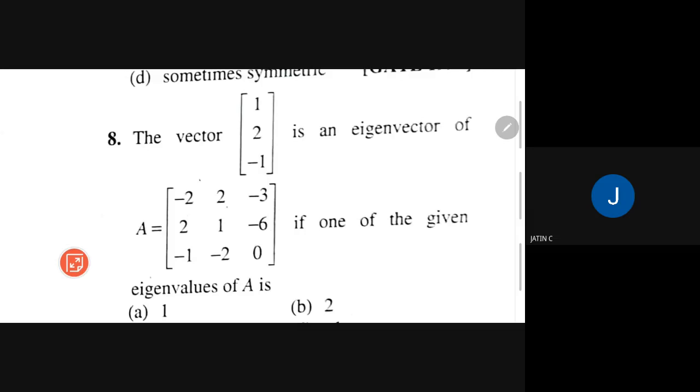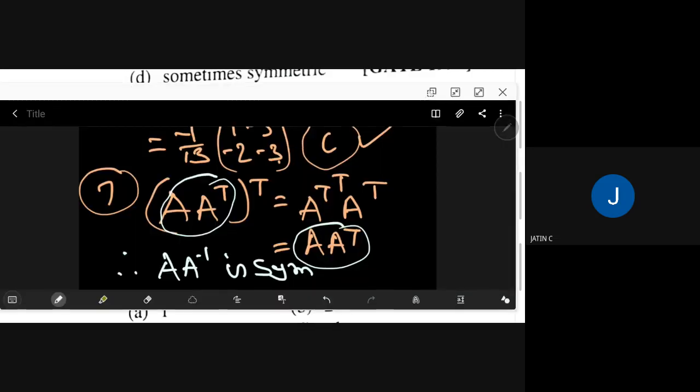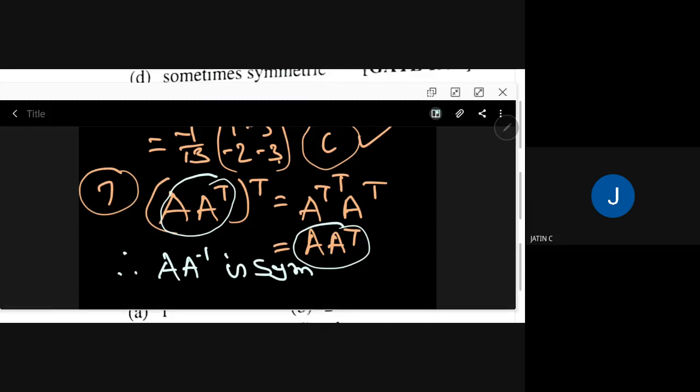Just you multiply that matrix by 1, 2, minus 1. You get a scalar multiple of 1, 2, minus 1. Is it 5, sir? Good.